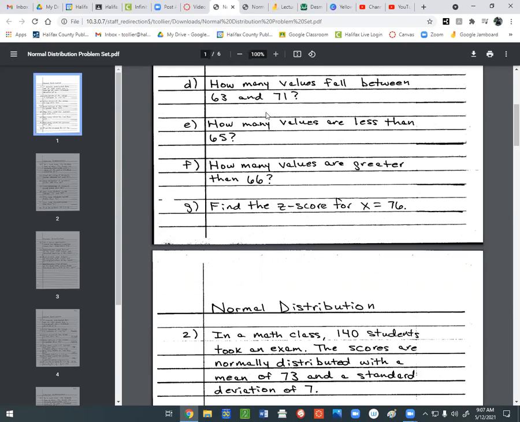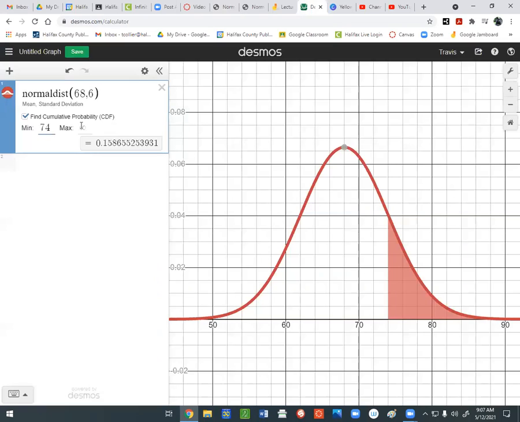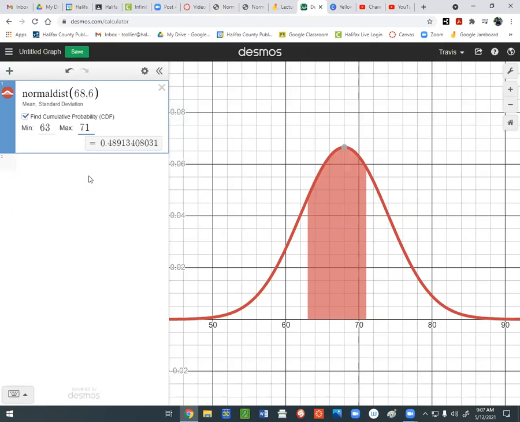So 63, maximum is 71. So now you can see how much area is shaded under the curve. About 49% of it, right? So I'm going to write down my decimal that I get at the bottom of the box.